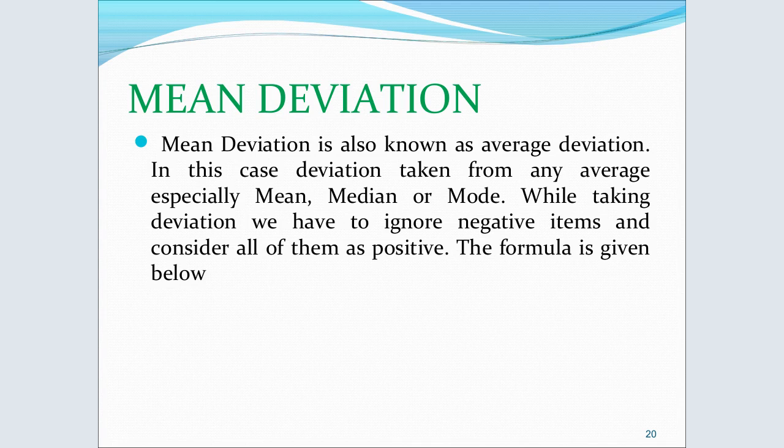So we are supposed to be talking about variance and the standard deviation. I'm not going to talk about the mean deviation because it is not important, but I'm going to give a talk about it.